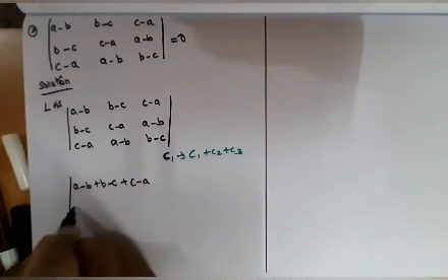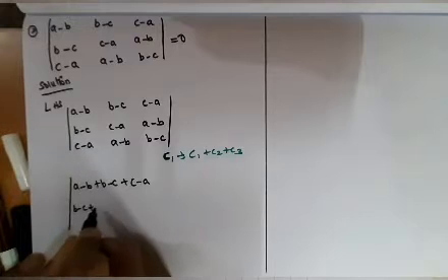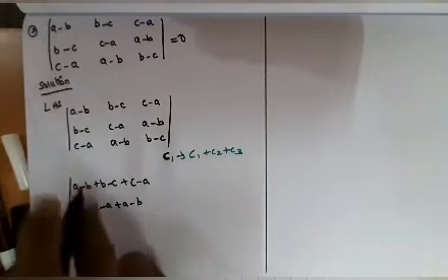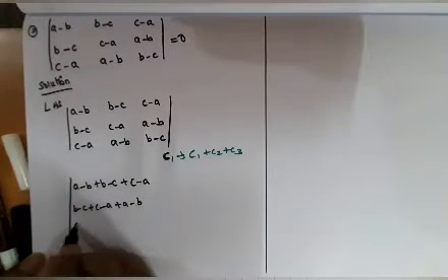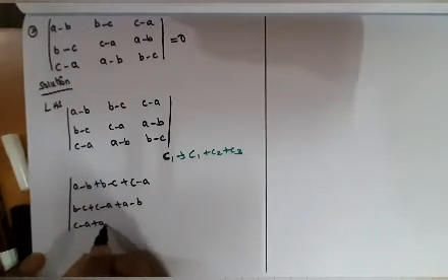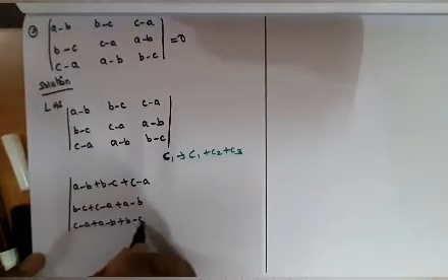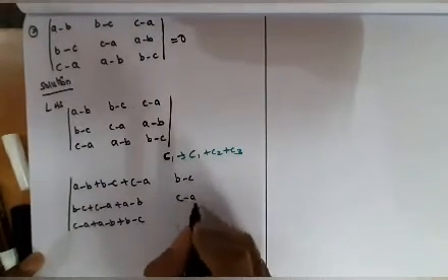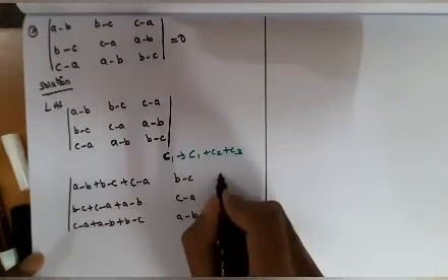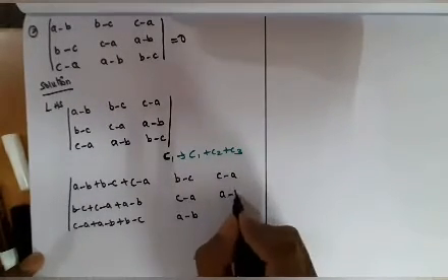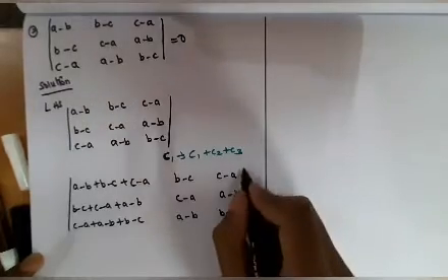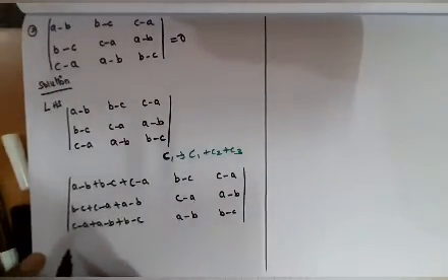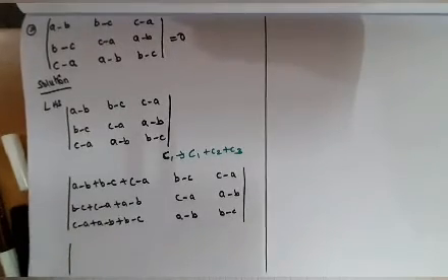Same thing here also: b minus c plus c minus a plus a minus b. Here also third: c minus a plus a minus b plus b minus c. Column 2 and column 3 remain the same, only column 1 changes. So what happened?